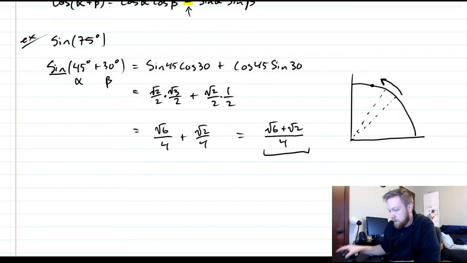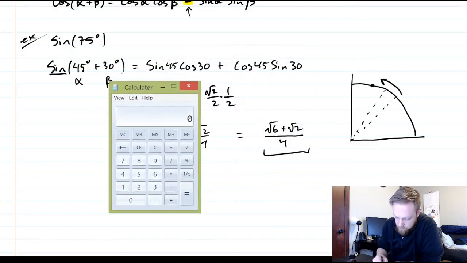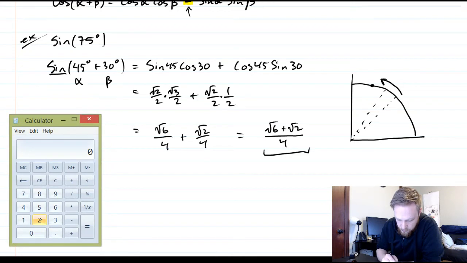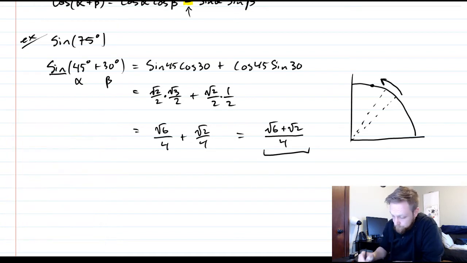Let me pull up a calculator. If I do 2 rooted plus 6 rooted, and then divided by 4, I'm getting 0.966, really close to 1.